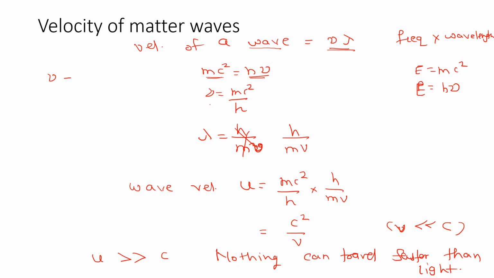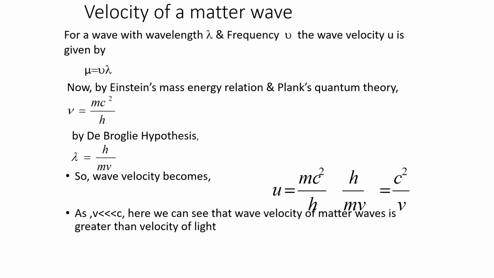These are not like a simple sine wave or cosine wave, which is spread over a large region of space. Such a wave cannot be attached to a matter particle. We have to think of a different type of waves.